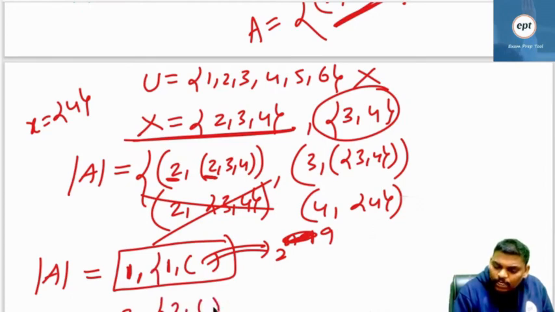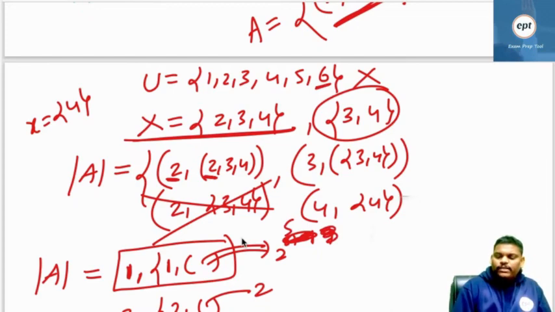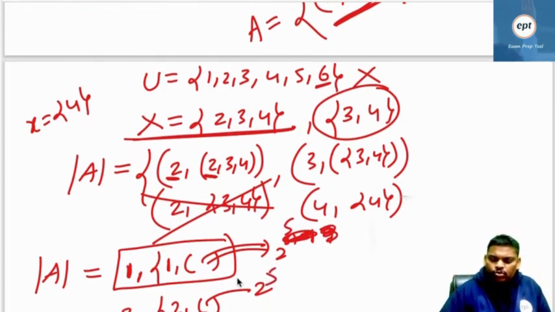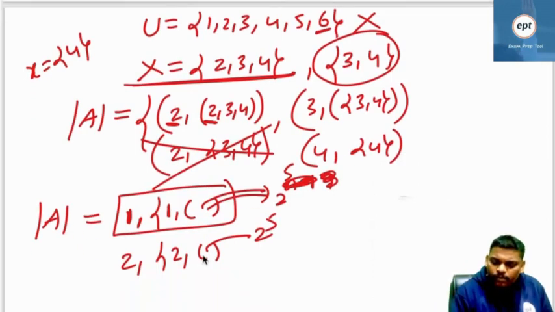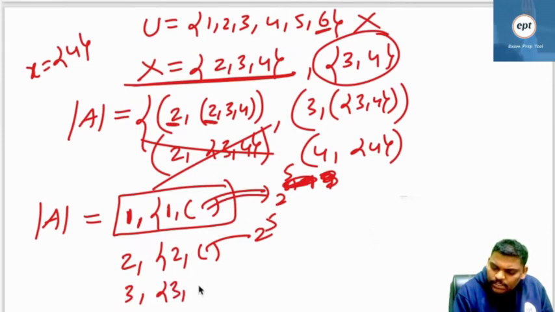The remaining elements you can adjust in 2 power 6 minus 1, which is also 2 power 5. Next, if I take 3 compulsory, here again 2 power 5.